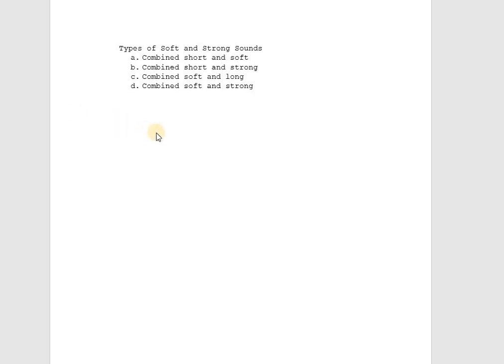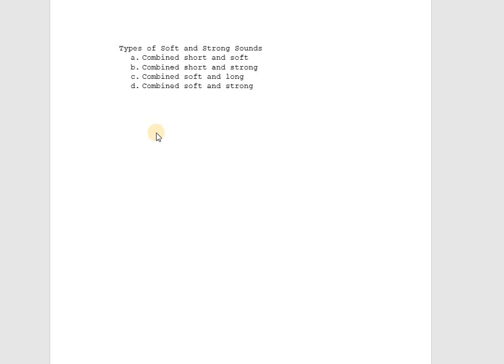In combination, we will build some understanding of how we write these, and get to know the sound that is soft or strong, and the sound that is short or long.